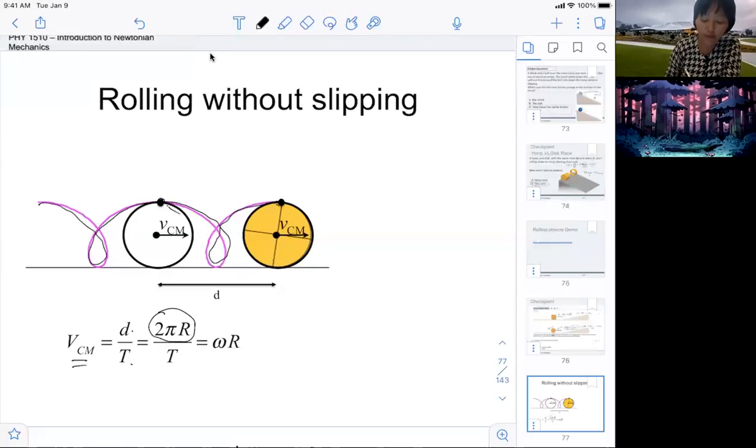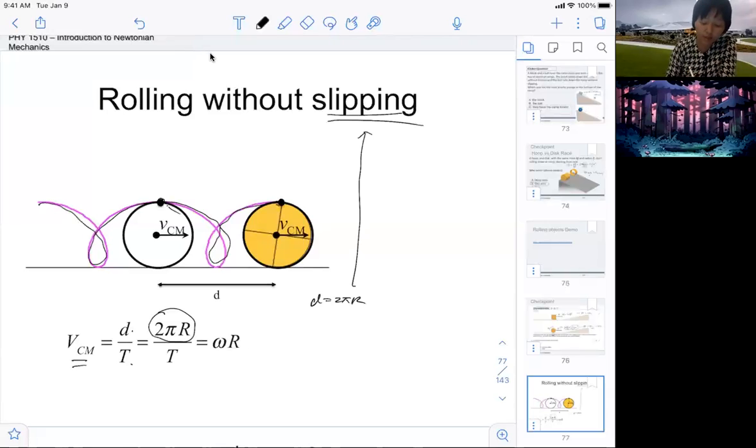These two are only equal if it's not slipping. If you roll but you slip, you haven't traveled as much distance as your circumference. But if it's not slipping, then d is equal to 2 pi r.